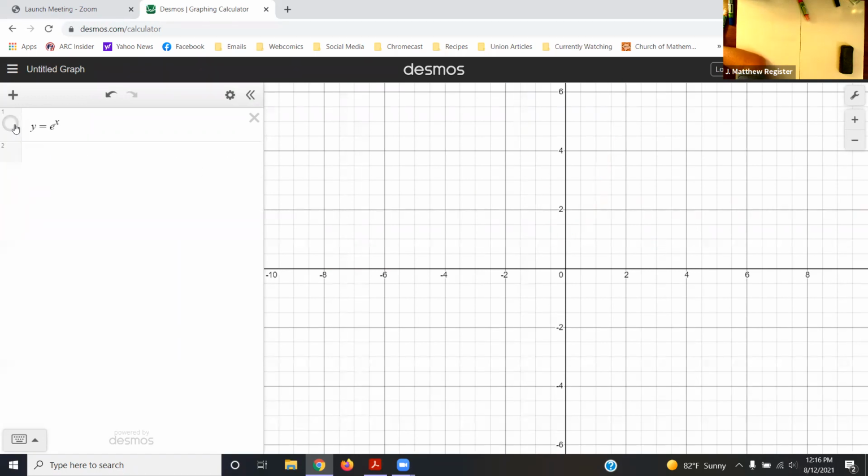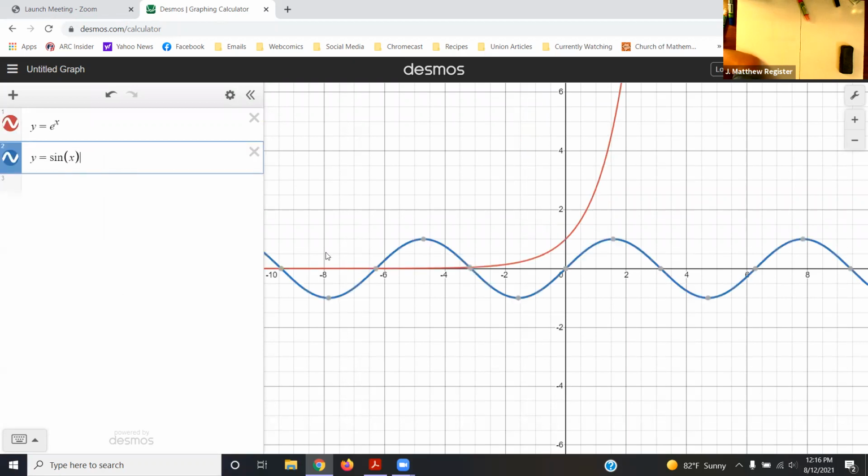For instance, what if we did, instead of an e to the x, we did an e to the sine of x? Well, if we think of what sine of x does, sine of x bounces back and forth between -1 and +1.